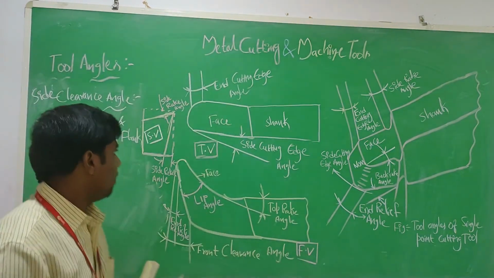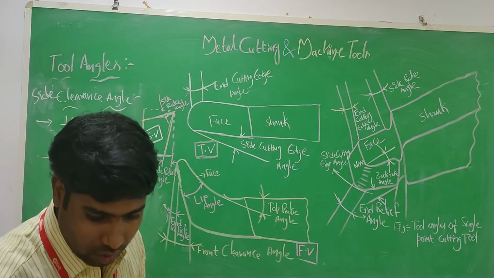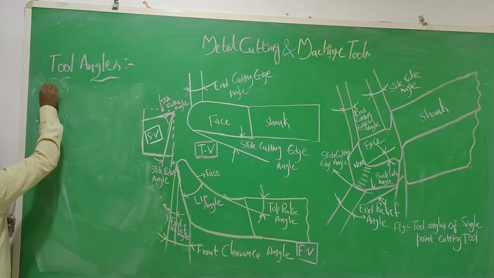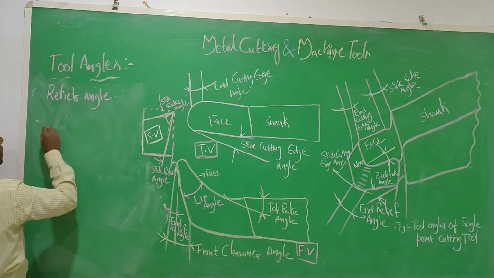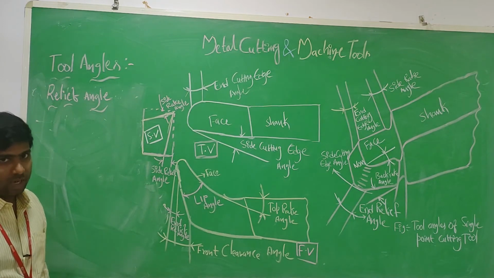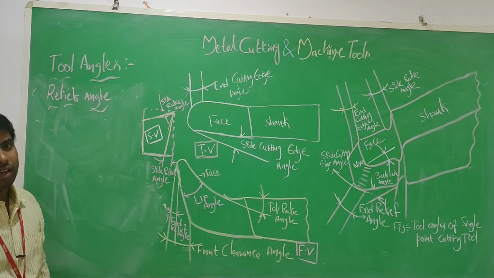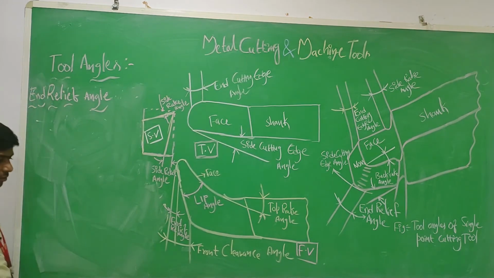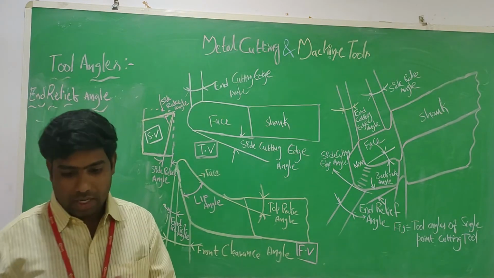Okay, friends? After that we have one more angle, that is relief angles. What are relief angles, sir? We have two types of relief angles: one is end relief angle, and the other is side relief angle. First, what is relief angle?